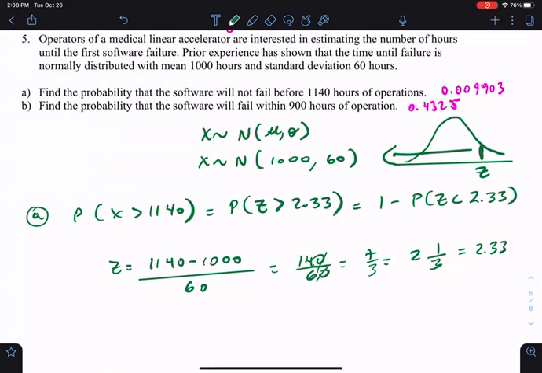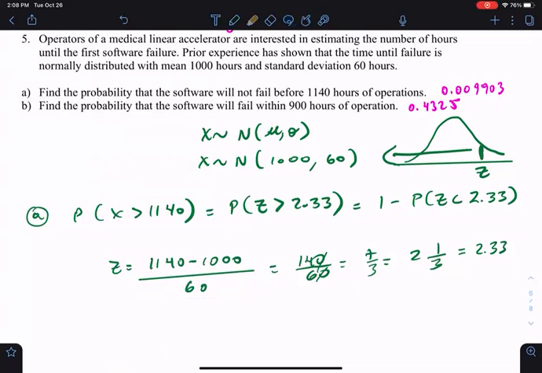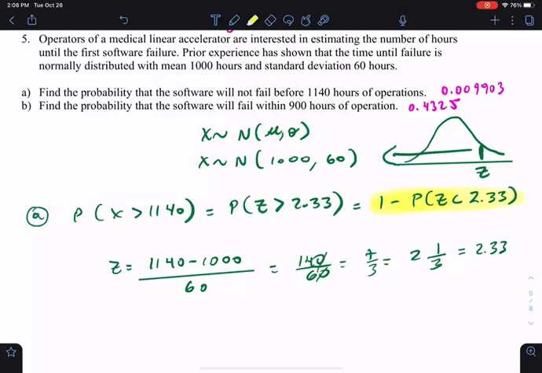Okay, so if we do that, these are properties of the normal distribution. If you see something like greater than, you always need to convert to less than, because the standard normal table gives you the area to the left, not to the right.